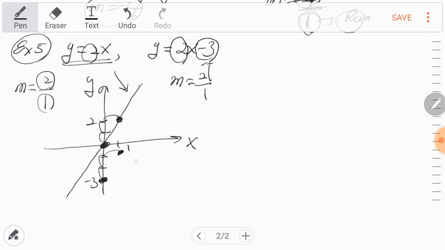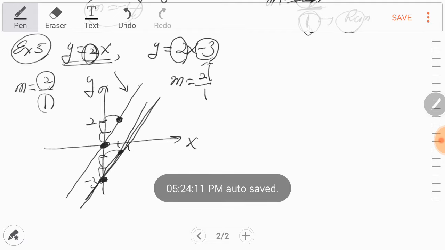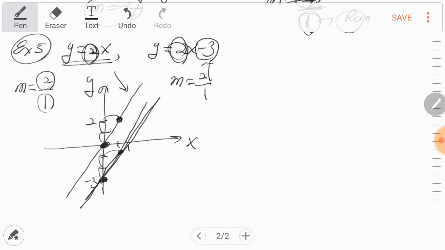Then connect these 2 points. Since the slopes of the 2 lines are the same, these 2 lines are parallel. Since 2 lines are parallel, they never intersect each other.